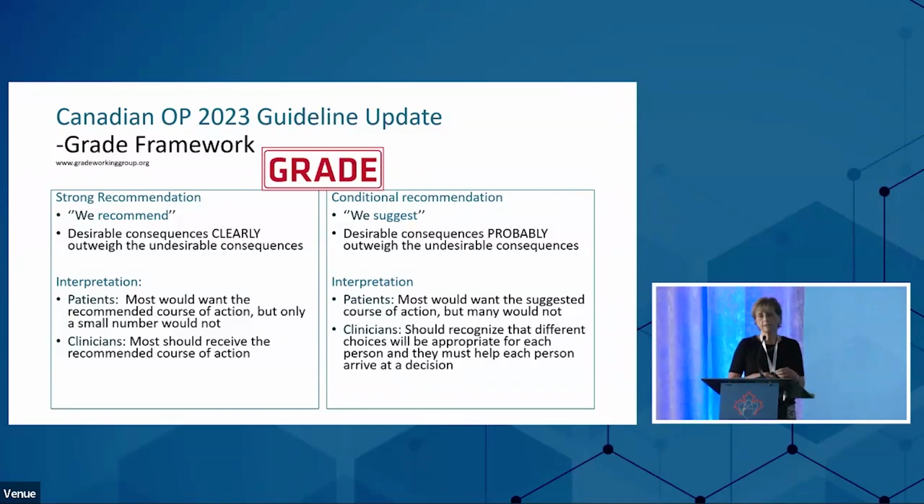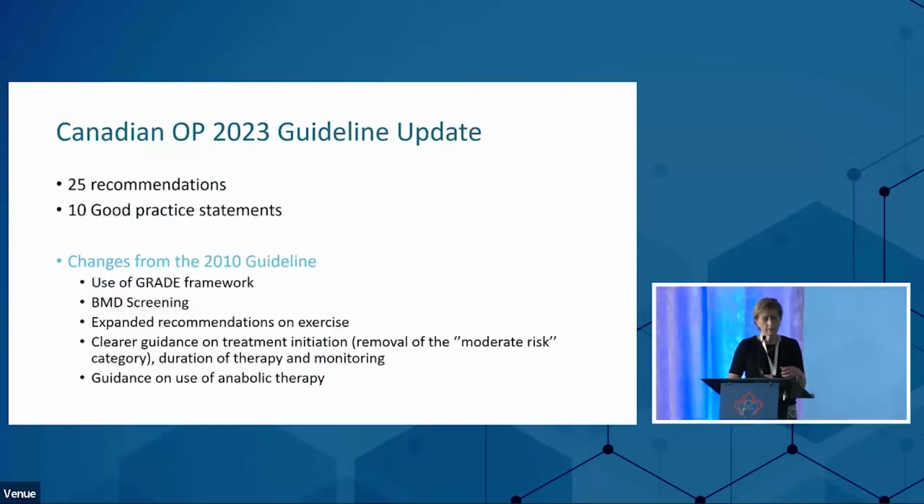Suggest means that the evidence and or other issues are less strong, and that the majority may do it, but there's a significant proportion of people who may not, based on their values and preferences and so on. Throughout the guideline, I will highlight when it is a recommendation and when it is a suggestion.